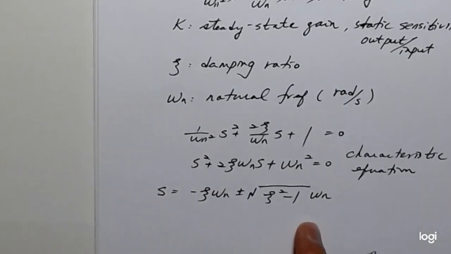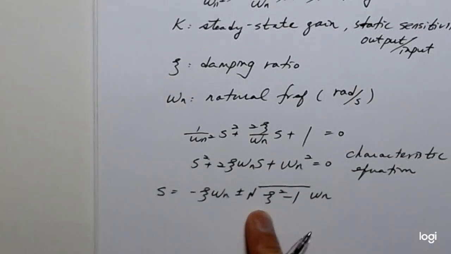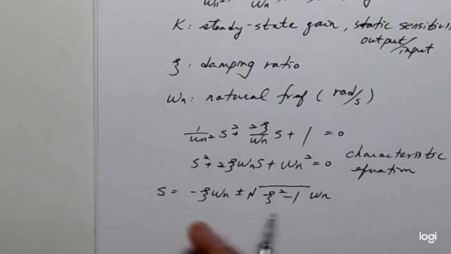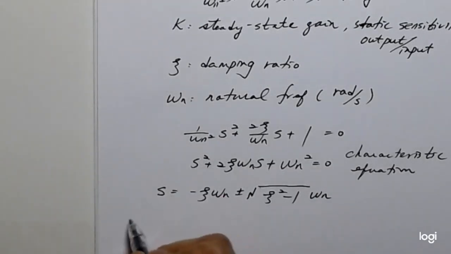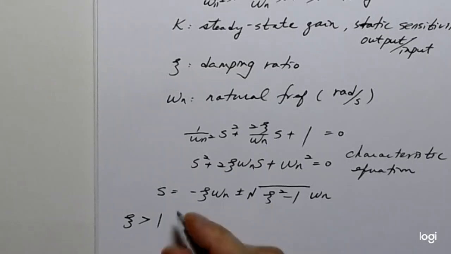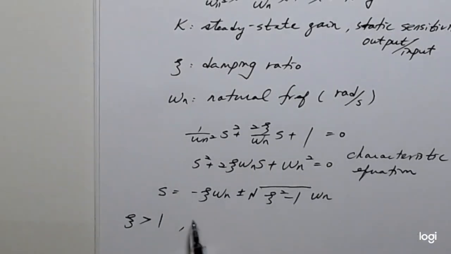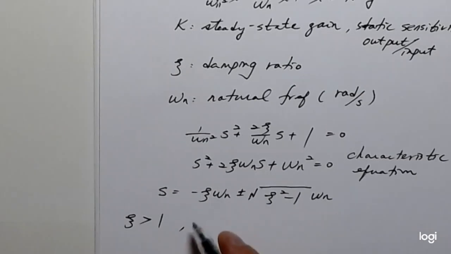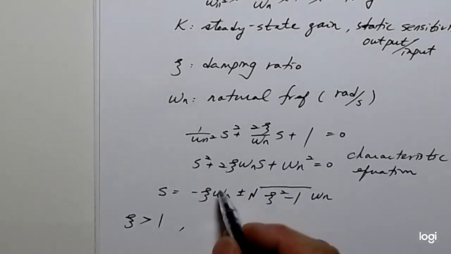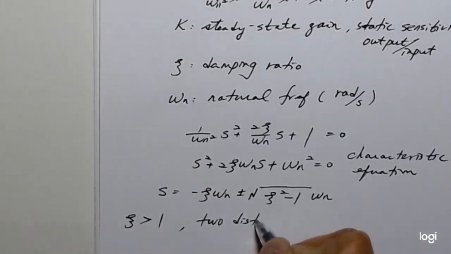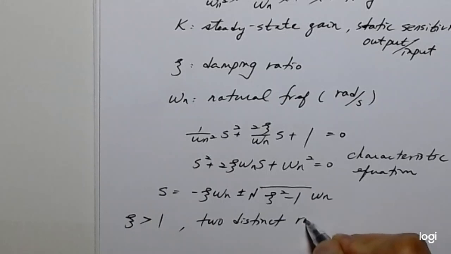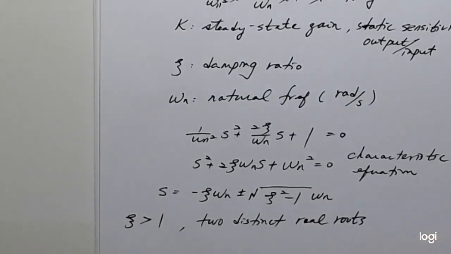So here's the situation. There are three possibilities for the roots. If zeta is greater than 1, we will have two real, distinct roots, let's say R1, R2.